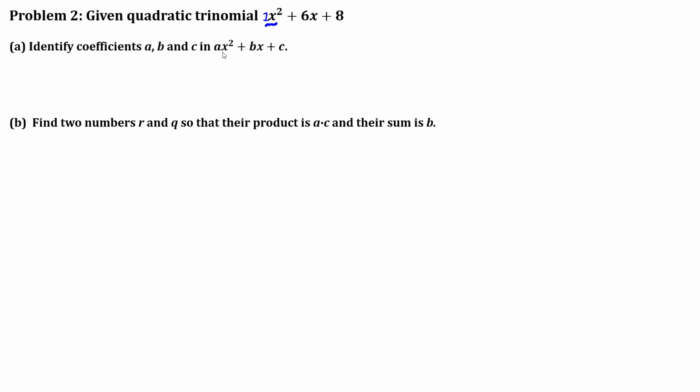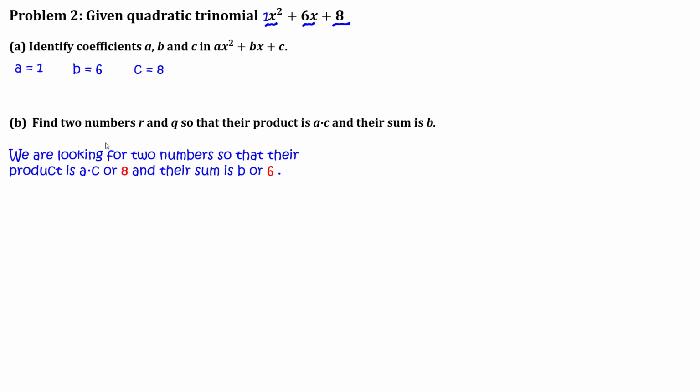A is the number multiplying the x squared term. In this case, there's nothing multiplying the x squared term, so there's an implied 1. So a equals 1. B is the number multiplying the x term, so b equals 6. And c is the constant being added, so in this case it's positive 8.